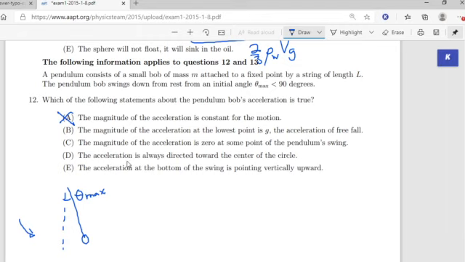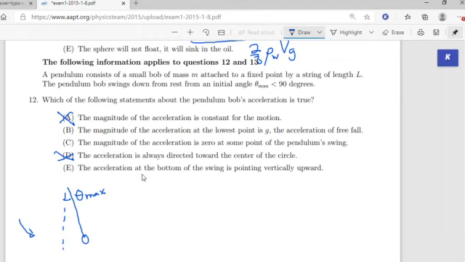That would be true if the speed was constant, but that's not the case. So that would be true only if the speed's constant. The magnitude of the acceleration is 0 at some point during the pendulum swing. I think that might be true.